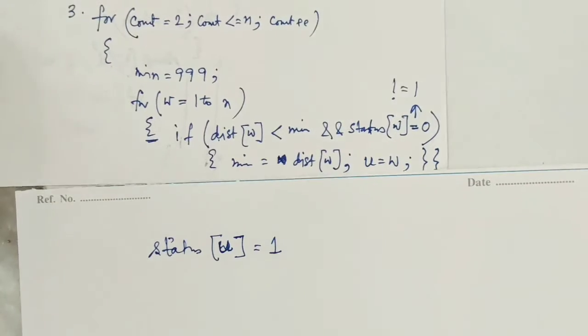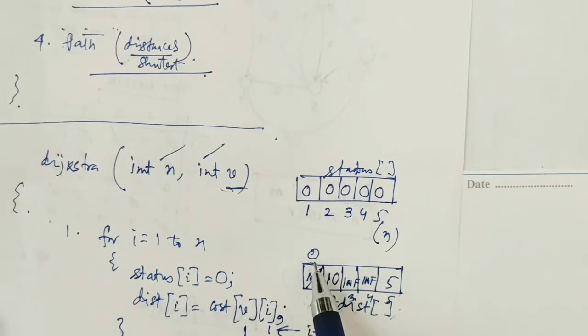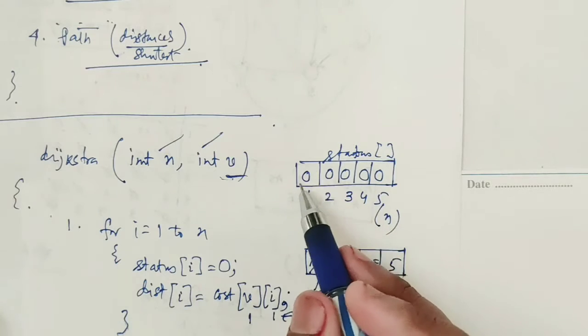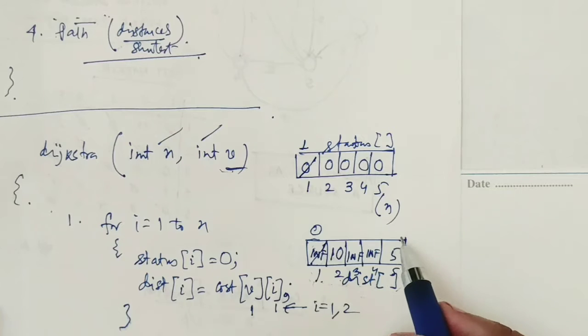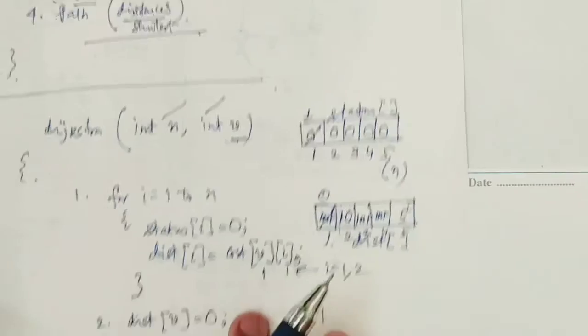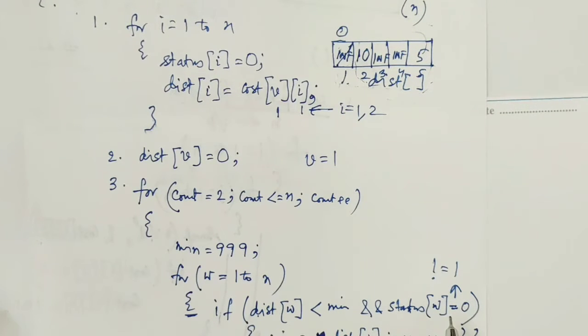Because suppose vertex number 1 has the minimum d value, you know that you have to explore it. So before exploration, you make the status field of that vertex 1. So that in future, whenever you calculate the vertex with the minimum d parameter value from this dist array, vertex 1 will not appear. Because if you go through the checking here, the second check says status of w should not be equal to 1, or should be 0.